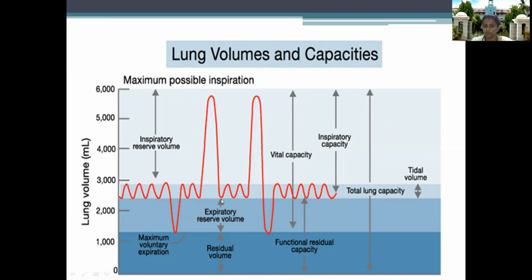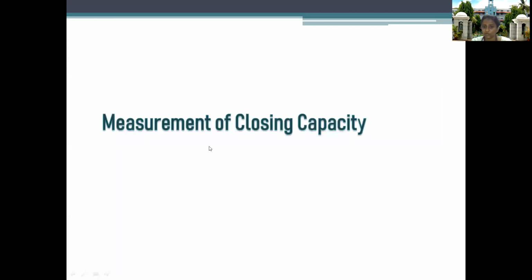If a person was to give an additional expiratory effort, then this is the maximum amount of air that can be expired, and that is the expiratory reserve volume. Even after the expiratory reserve volume, there is a volume of air left behind in the lungs which can never be pushed out despite maximal effort, and that is the residual volume. And closing capacity is the sum of that residual volume and the closing volume.